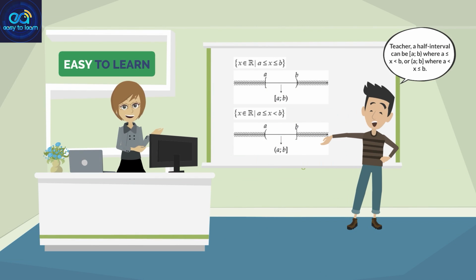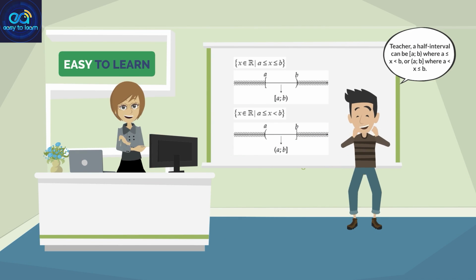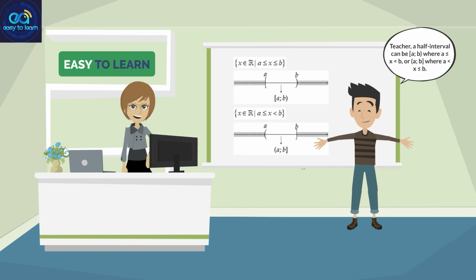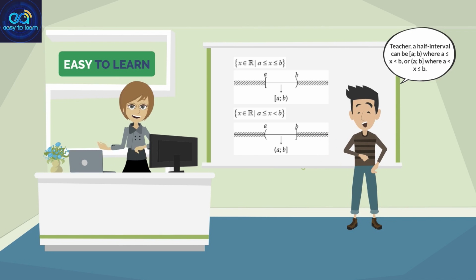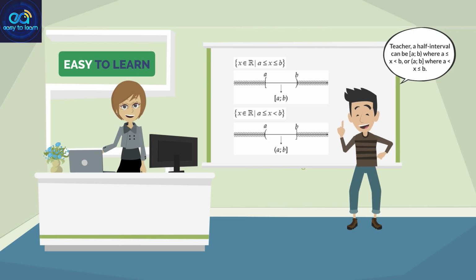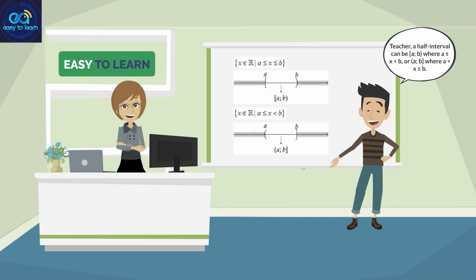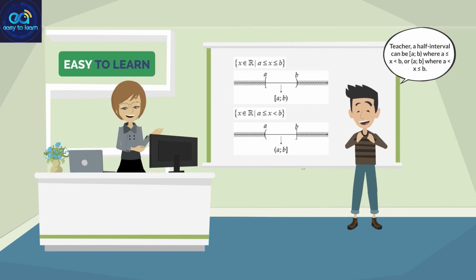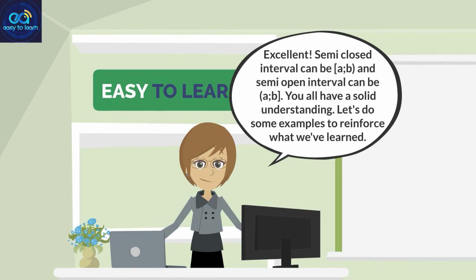Fluoride: Teacher, a half interval can be [a, b) where a is less than or equal to x and x is less than b, or (a, b] where a is less than x and x is less than or equal to b.